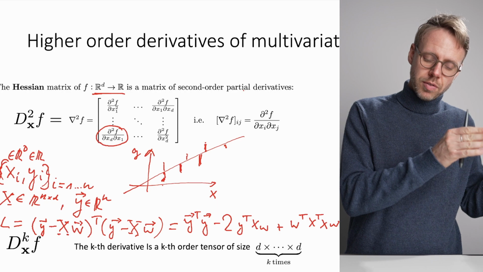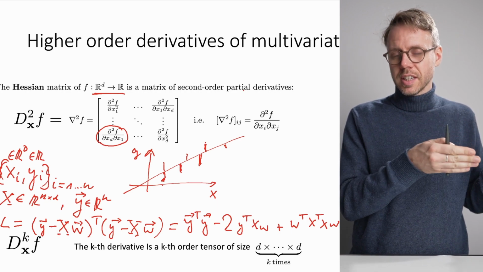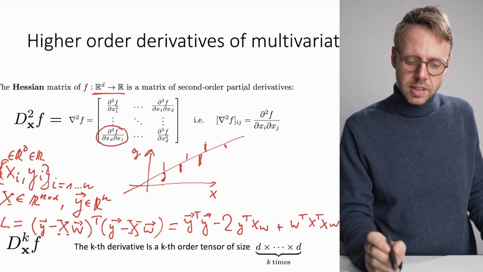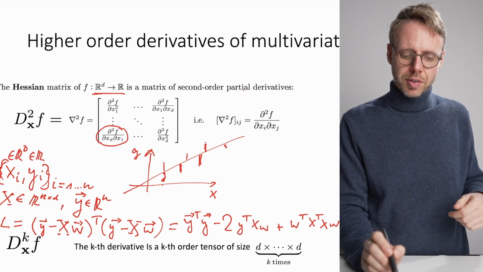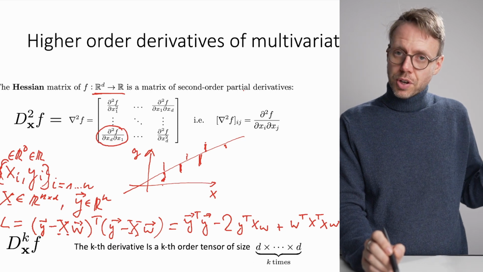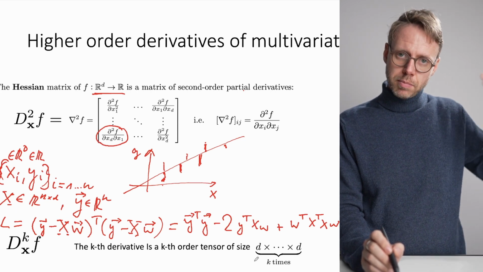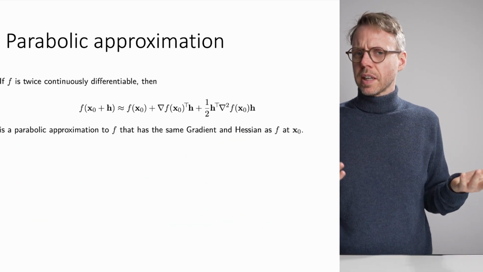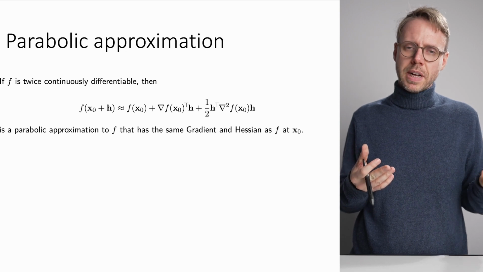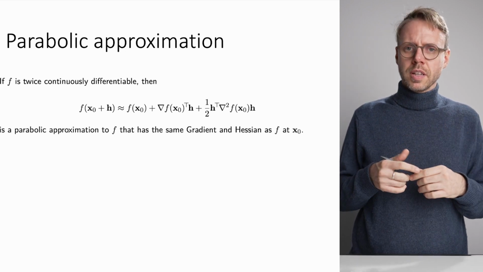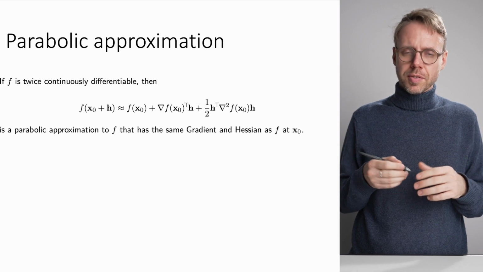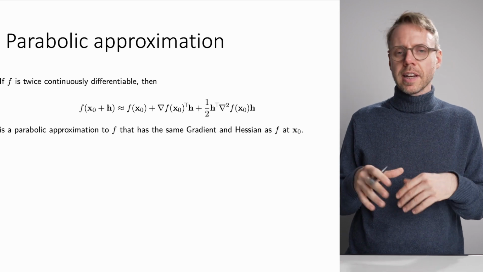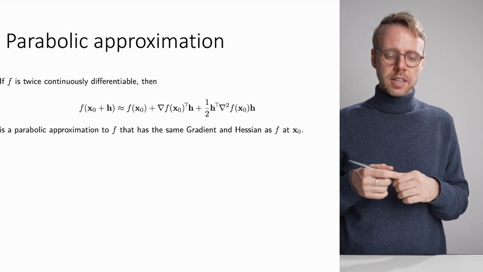So first order tensor is a vector, second order tensor is a matrix, and then we would get a three-dimensional tensor. So for the third derivative we would get a third order tensor of size d by d by d, and so on. Now in practice we typically only work for multivariate functions up to the second order derivatives. So if you know how to compute the Hessian, usually you're good. It's very rarely that we would go higher than the Hessian.